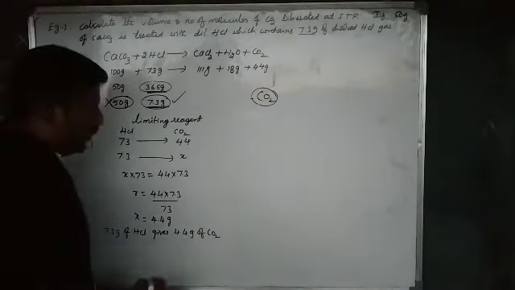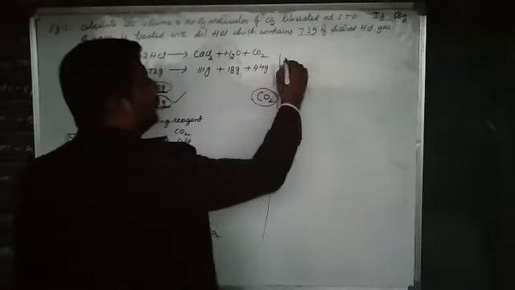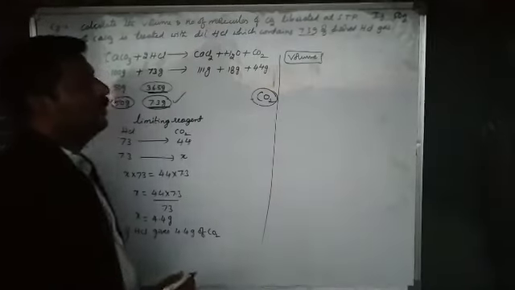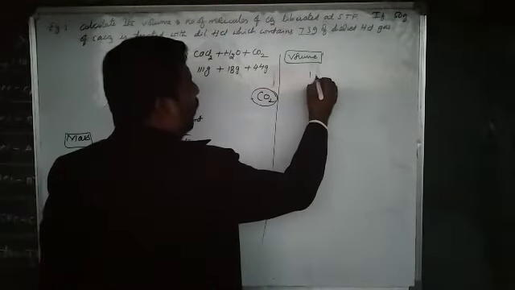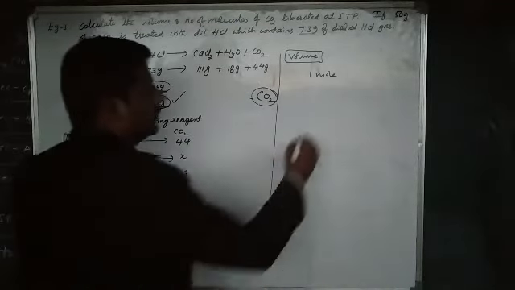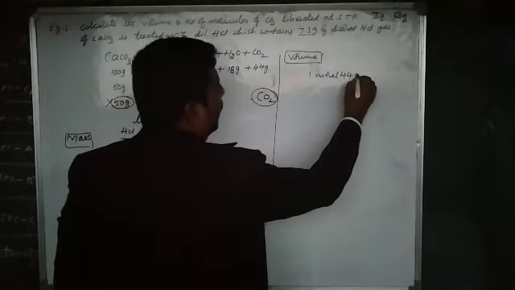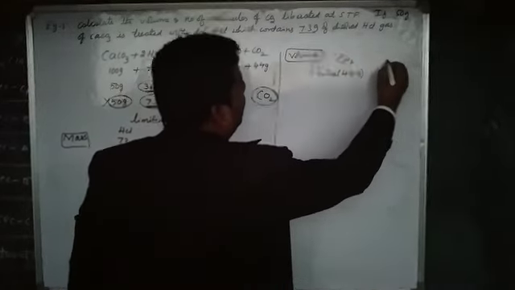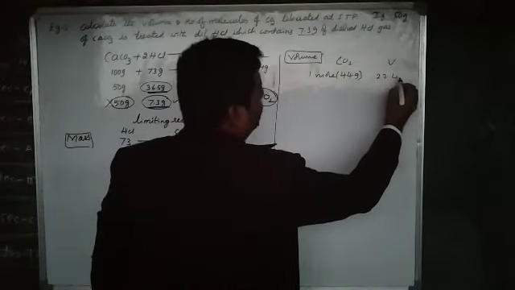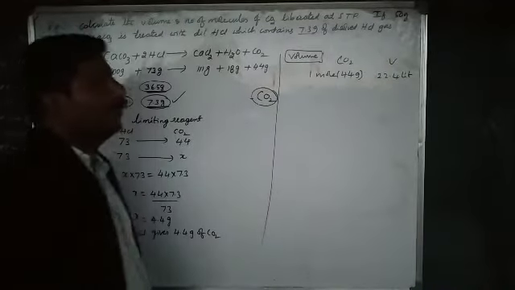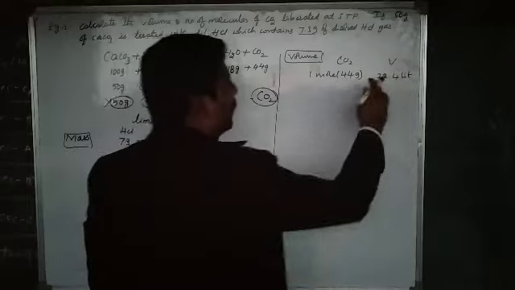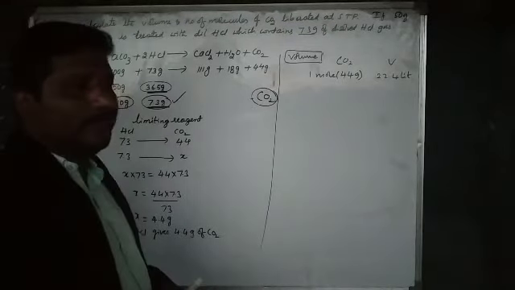Let us find the volume. As you know, 1 mole, that is 44 grams of carbon dioxide, can occupy 22.4 liters of volume at STP.